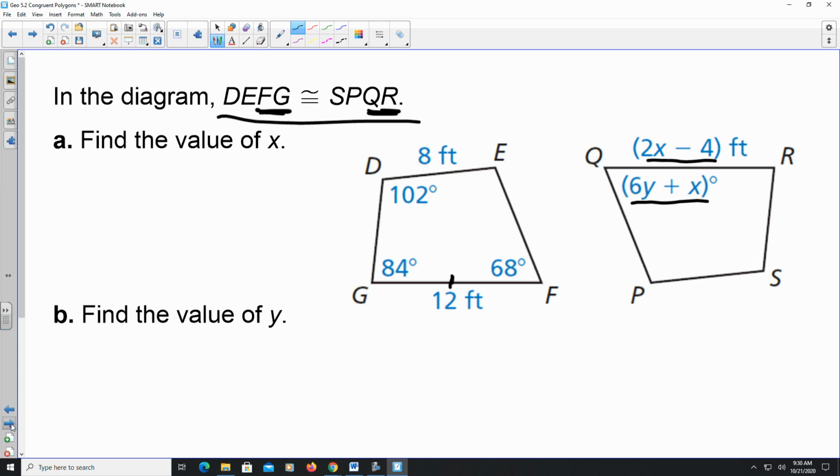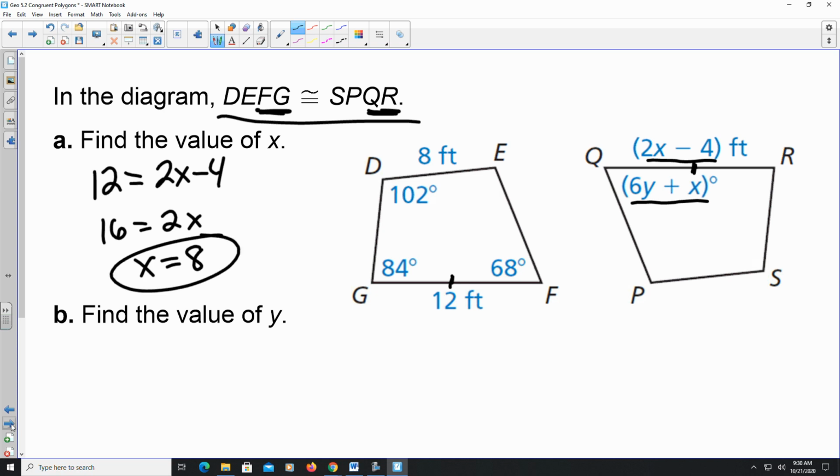So I can say that FG and QR are the same. So in order for me to find x, I can say that 12 is going to be equal to 2x minus 4. I add 4 to both sides, so I get 16 is equal to 2x. X is equal to 8.